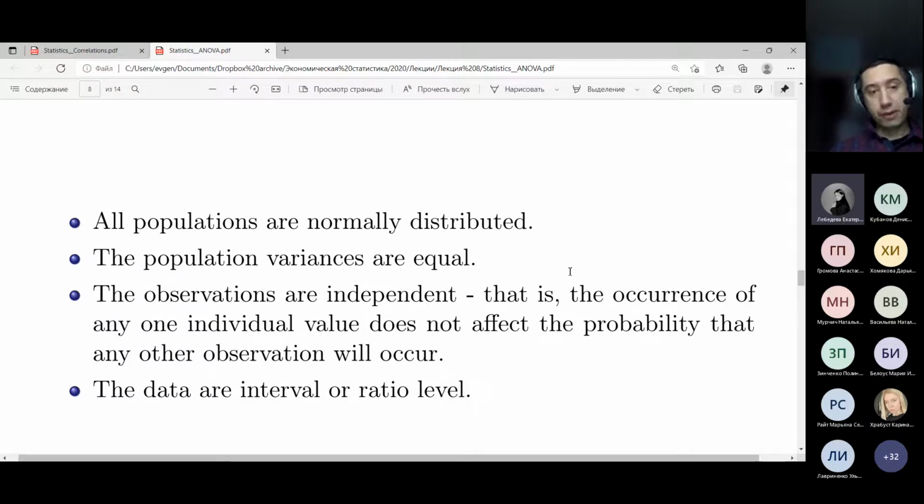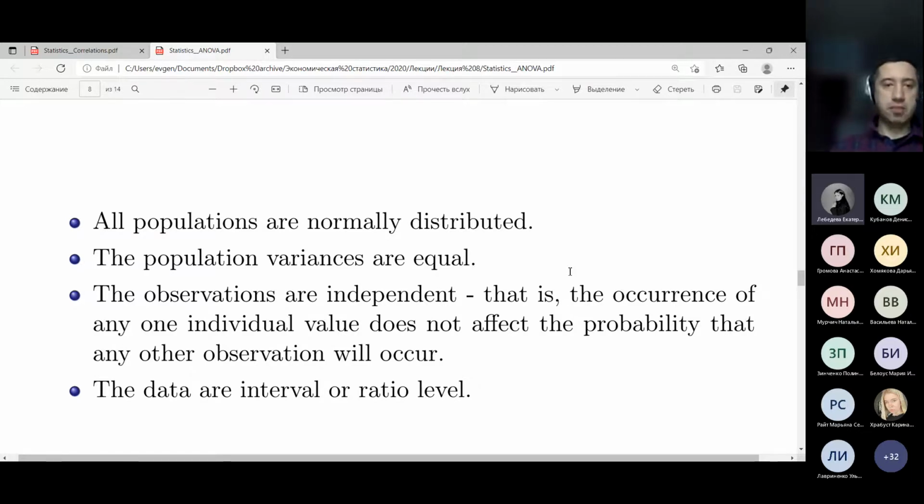How to identify whether observations are independent? The easiest way is to read the task carefully and to think whether there is any information that your samples aren't independent.